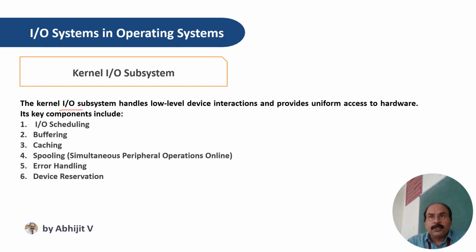So there is an IO subsystem in your operating system kernel. That IO subsystem has the following functions. Input output scheduling: if there is an output device, which process has to first access this output device. This is called scheduling. Scheduling means which has to come first.